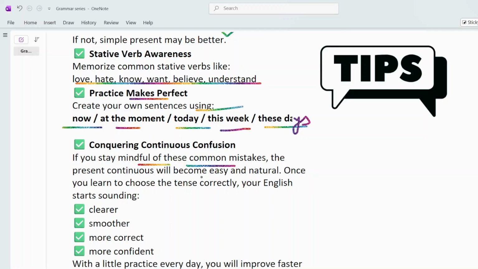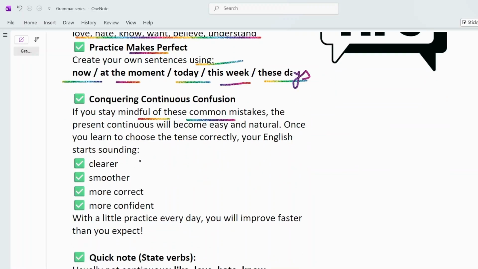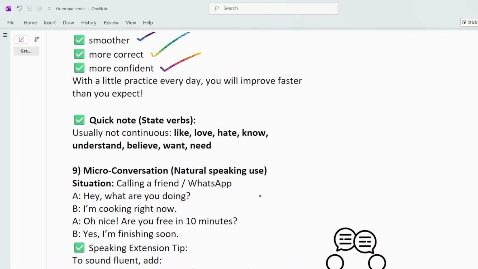Many users make the mistakes that I just spoke about. You can go through the video again if you've not caught the concept, and I'm sure you'll be able to understand. If you delete these mistakes, you start sounding clearer, smoother, more correct and confident in the way that you communicate with other people.